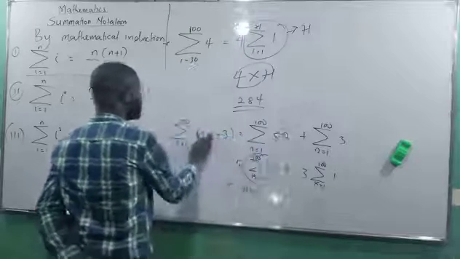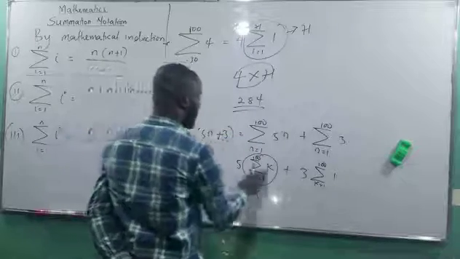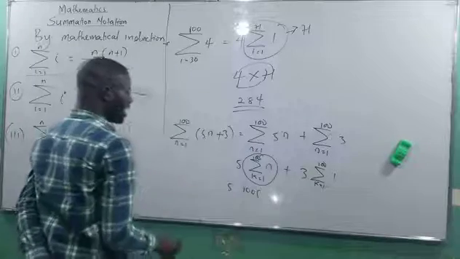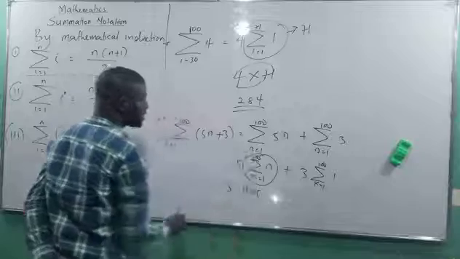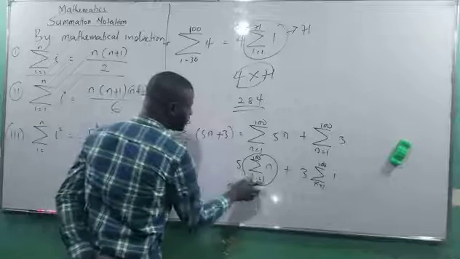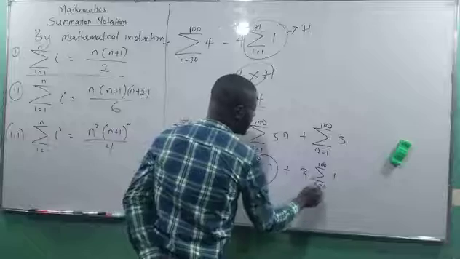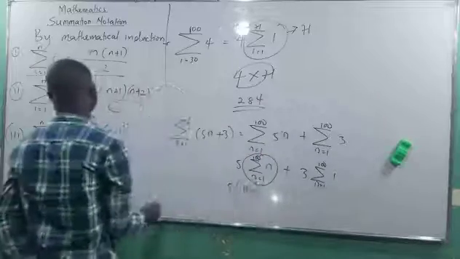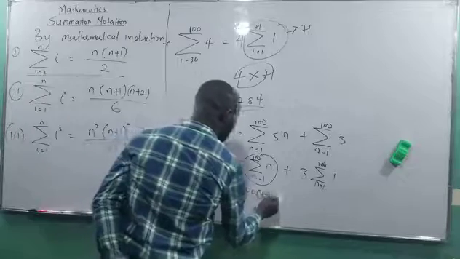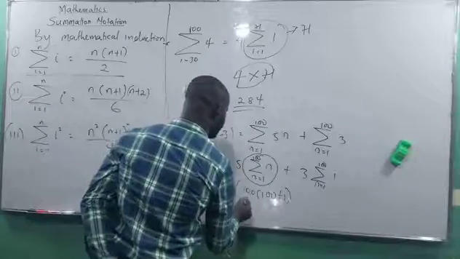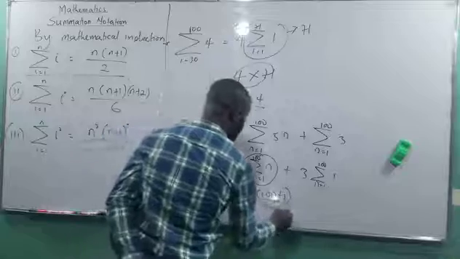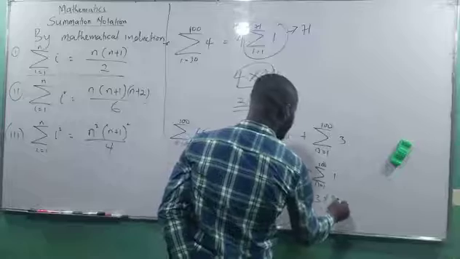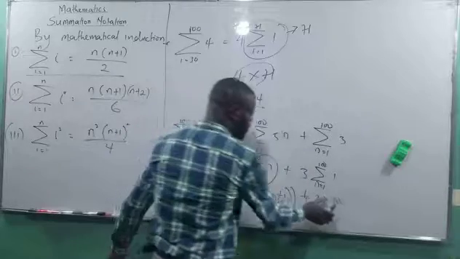Now, n will be running from 1 to 100. I'll be having 5 bracket of 100 plus 1 divided by 2, close the brackets, plus 3 multiplied by 100. Let me use 3 bracket of 100.